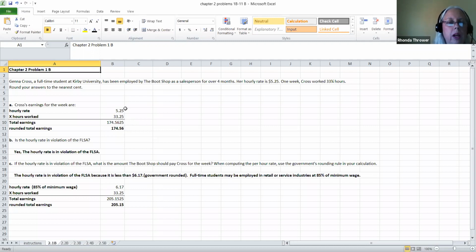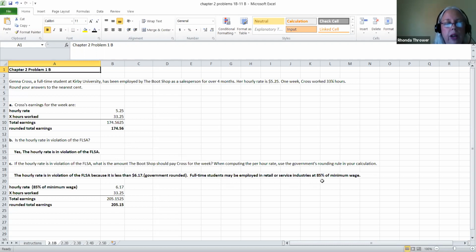Now, this is what Kirby University is paying the student, $5.25 an hour. And the next part of this they want to know is, is that in violation of the Fair Labor Standards Act? And the answer is yes, the hourly rate is in violation of the Fair Labor Standards Act. Remember that full-time students can be employed in retail or service industries at 85% of the minimum wage.